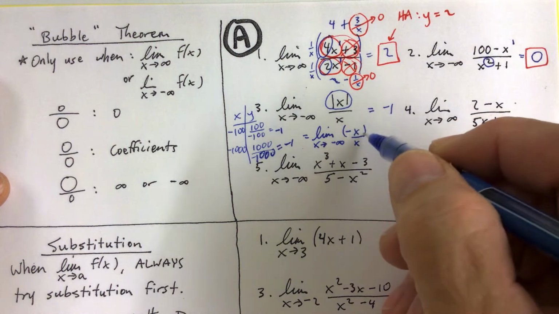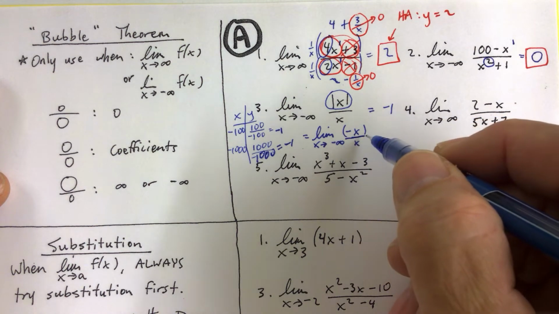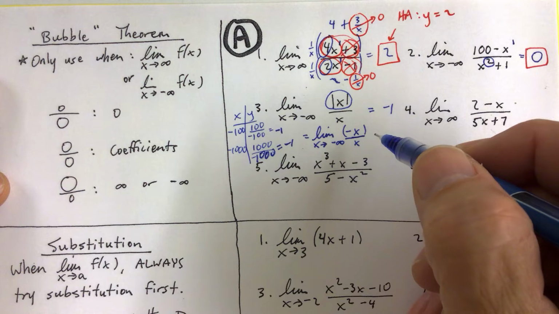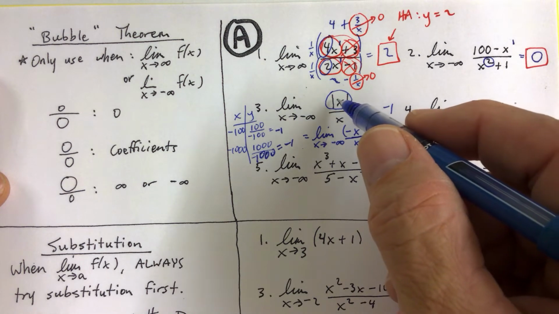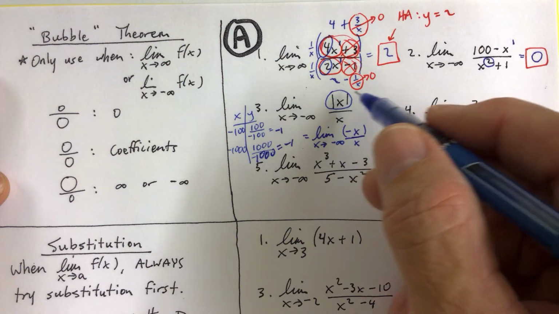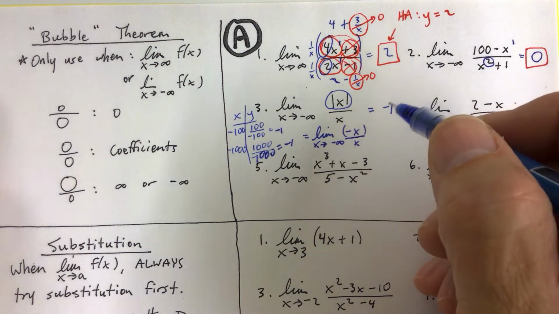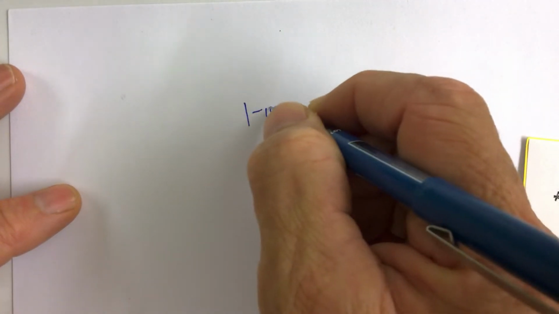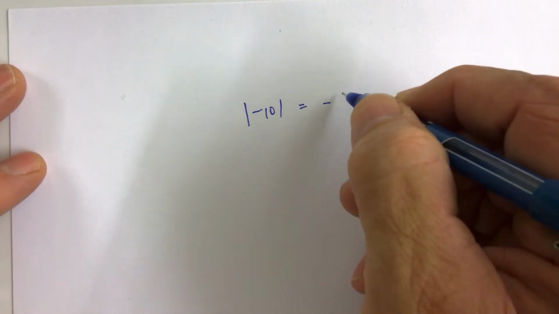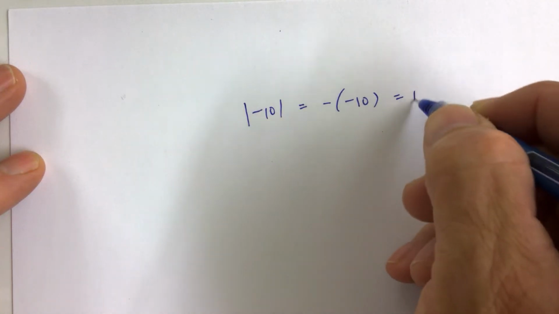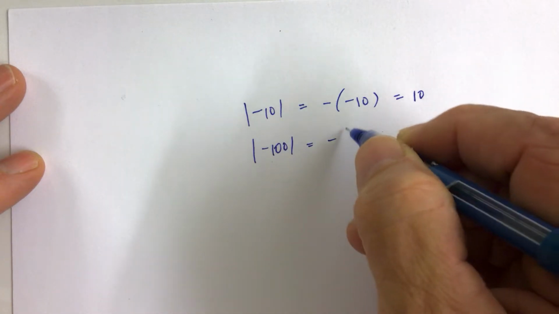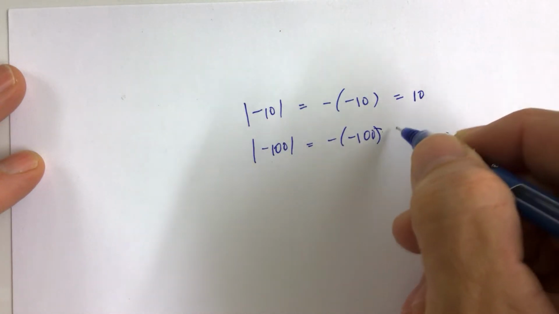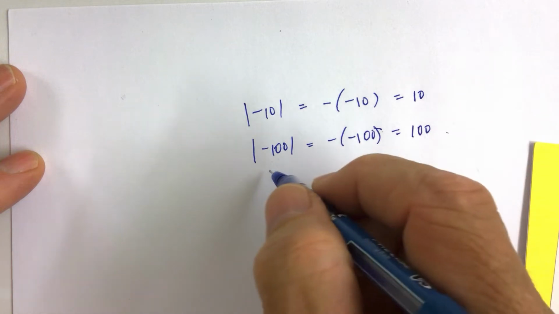Now that's kind of tricky, and I know that's not always something that sits well with everybody, but let's take the absolute value of negative 10. That's equal to the opposite of negative 10, which is 10. The absolute value of negative 100 is equal to the opposite of negative 100, which is 100.